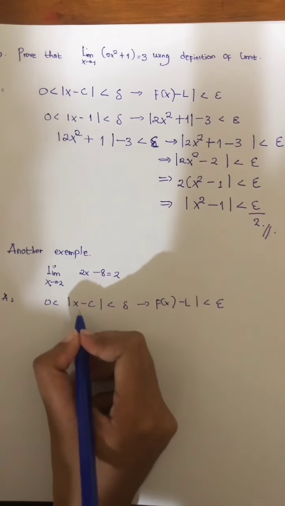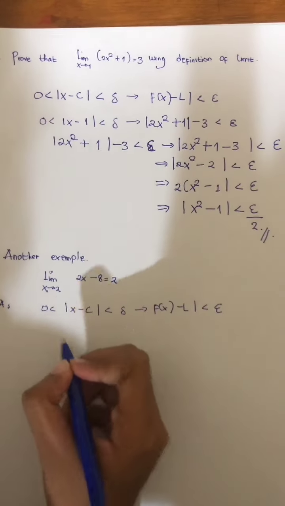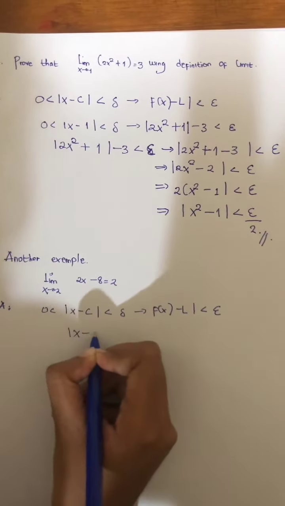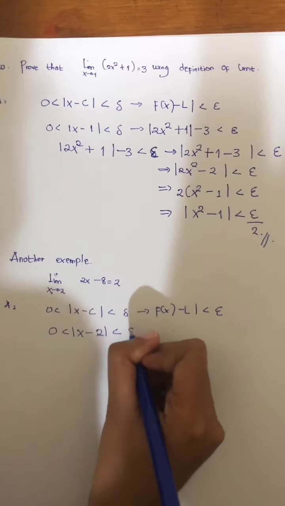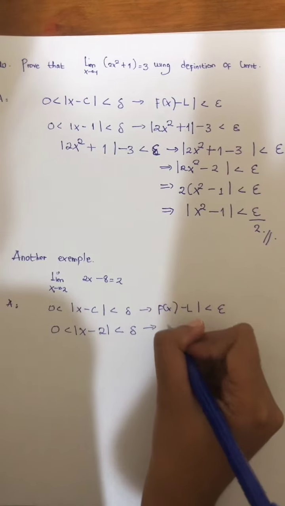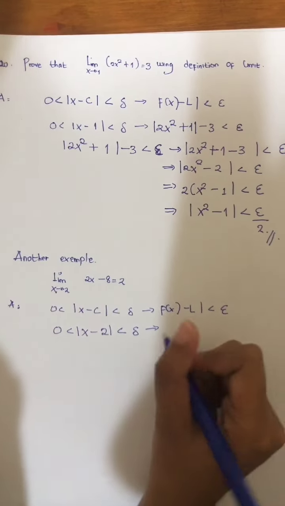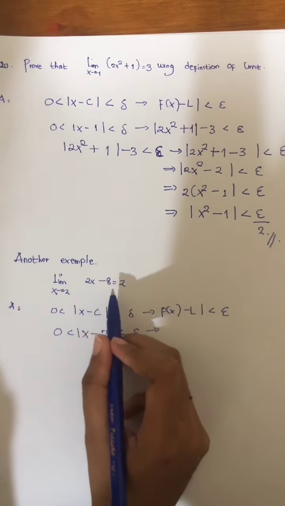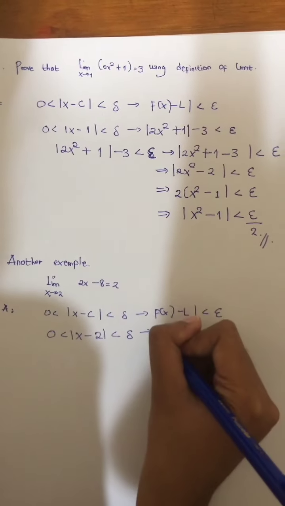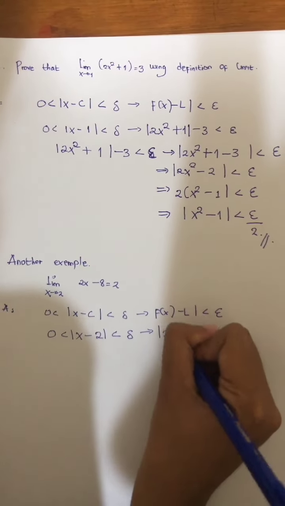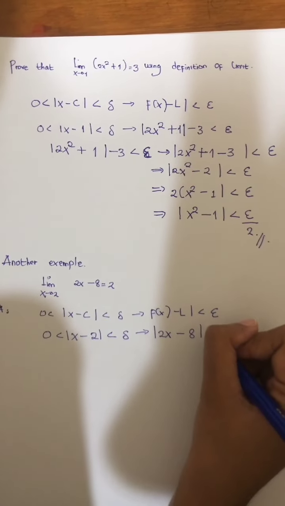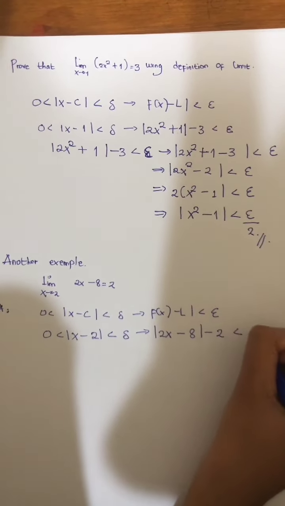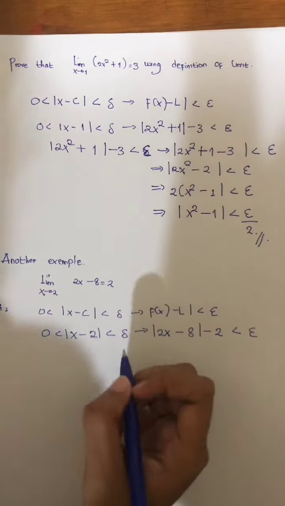Then substitute c with 2: x minus 2 greater than 0 and less than delta, together with f(x) minus L changed to 2x minus 8 minus 2 less than epsilon.